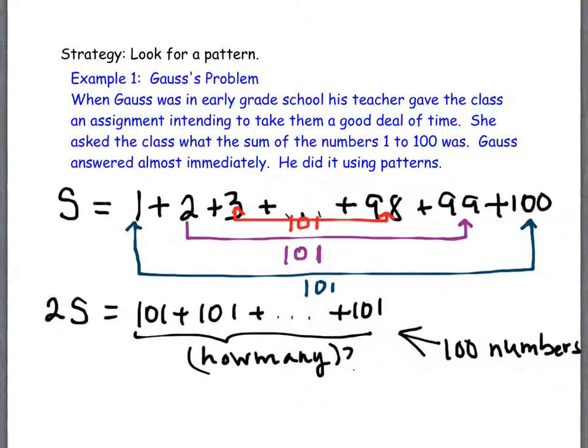It's multiplication, right? That's the whole point of multiplication, that I avoid having to do this repeated addition business. So I've still got the 2S, double my sum, on the left. And then over here, instead of writing 101 plus 101, I can write 101 times 100, because there are 100 terms added together, and all the terms have the number 101.